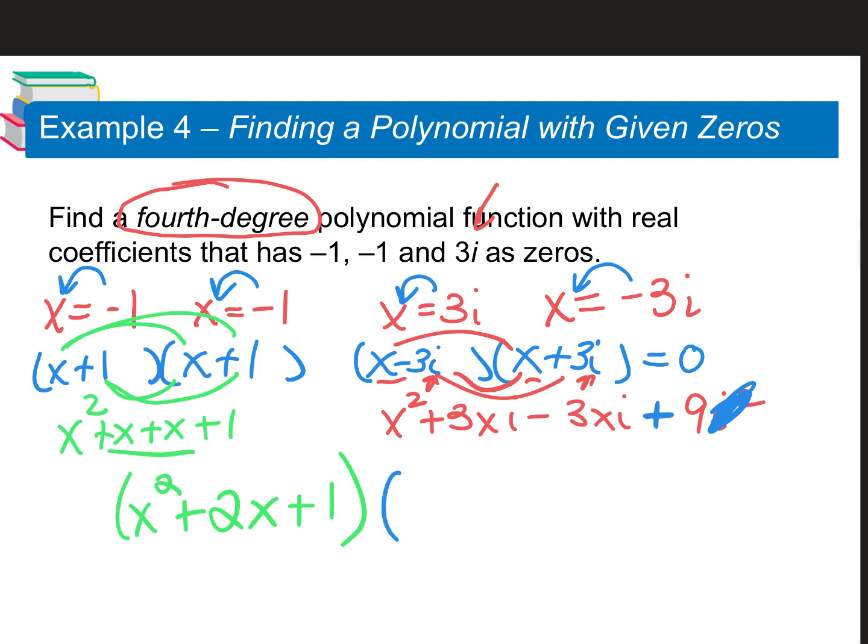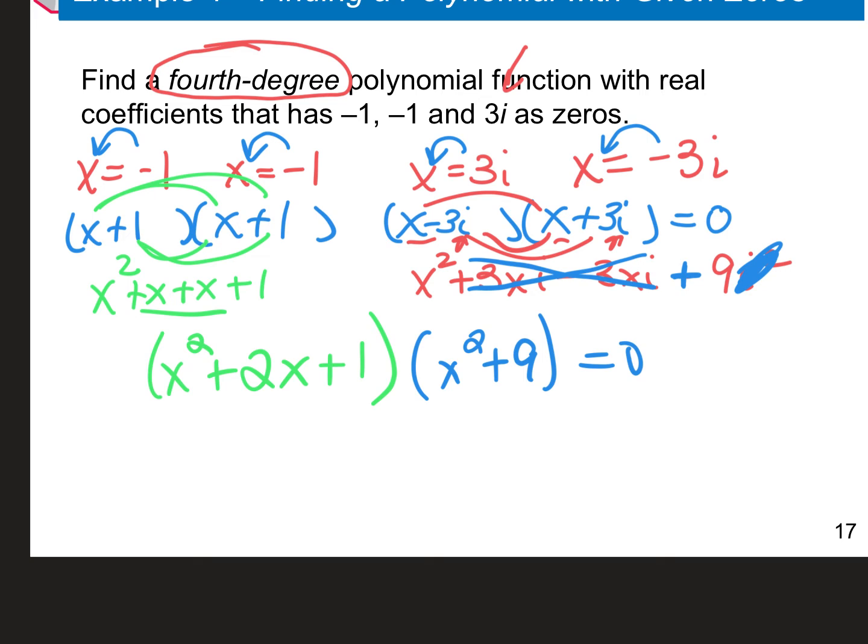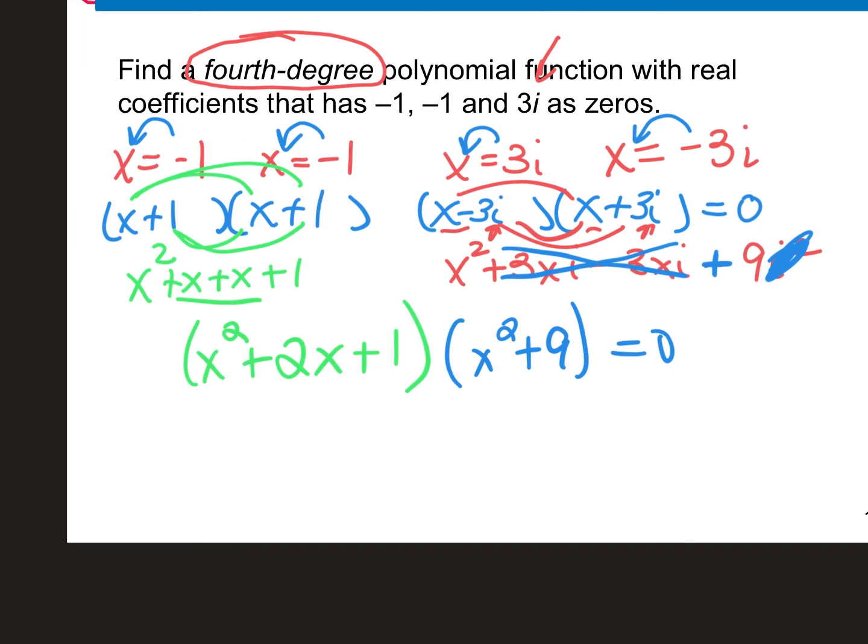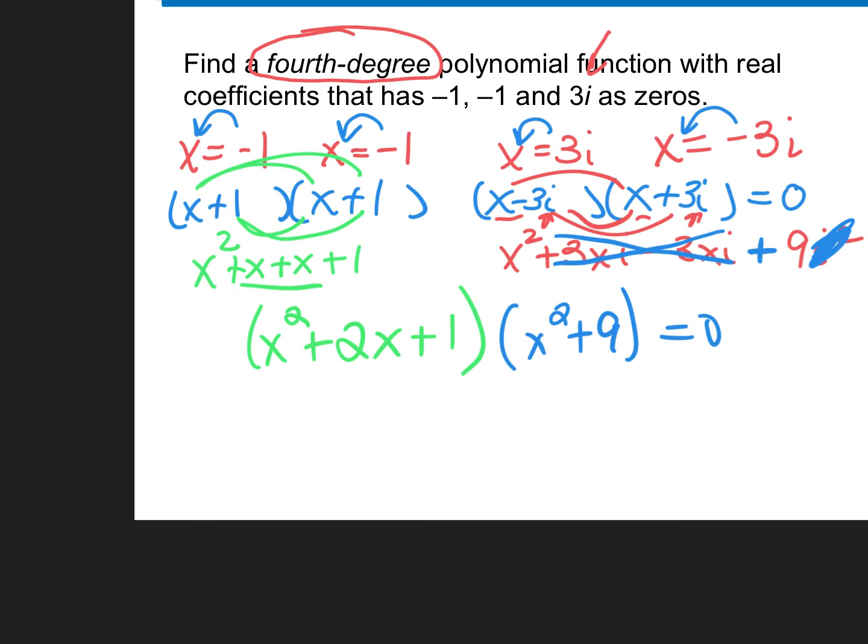If you notice here, what happens in the middle with my positive and negative 3xi? They cancel out. So you're left with x squared plus 9. Now, if this was a real solution, it'd be x squared minus 9. So that's where that difference of perfect squares comes in. And now, you notice all of our i's canceled out. So now we're just going to FOIL this polynomial together.